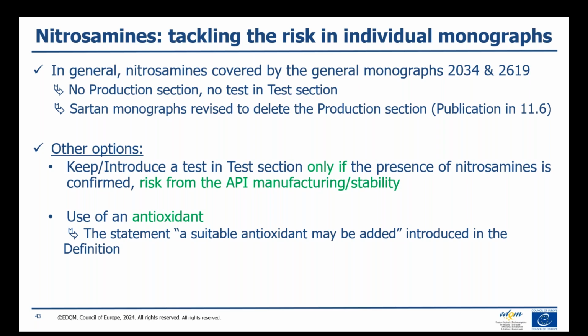There is also another option. We also received information that some manufacturers use antioxidants to limit the formation of nitrosamines. In this case, we will not include a specific test, but we will include a statement: a suitable antioxidant may be used. This information will be added in the definition section.